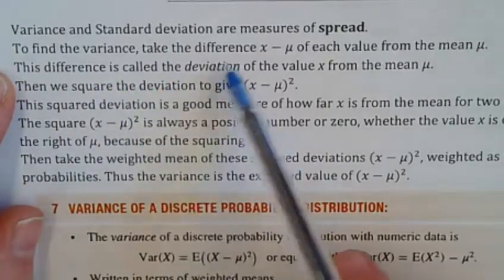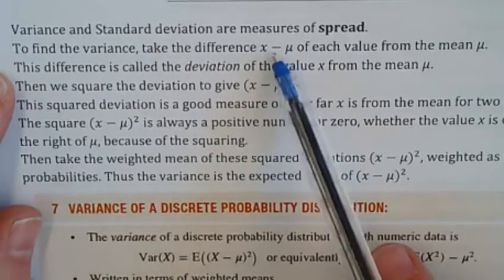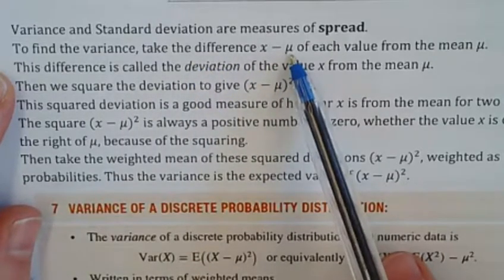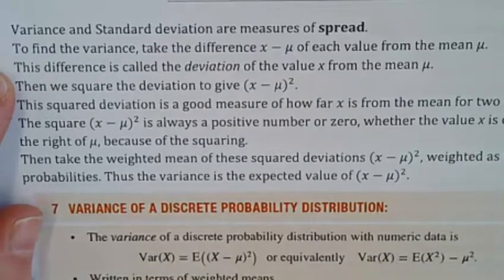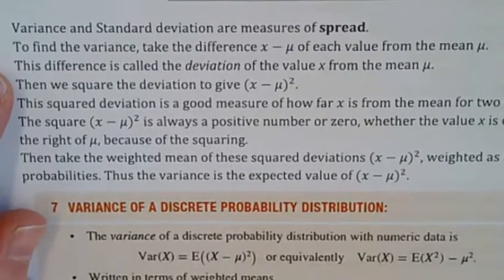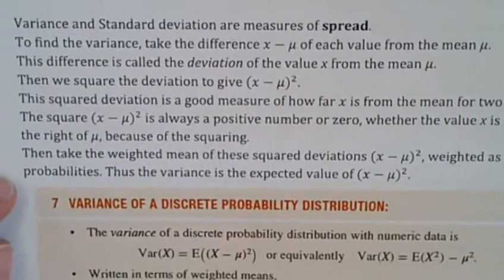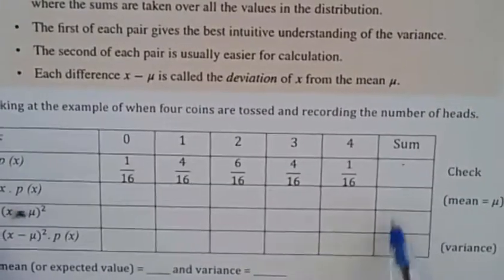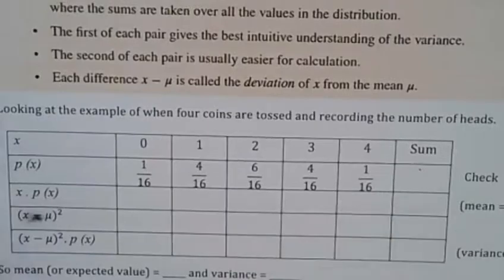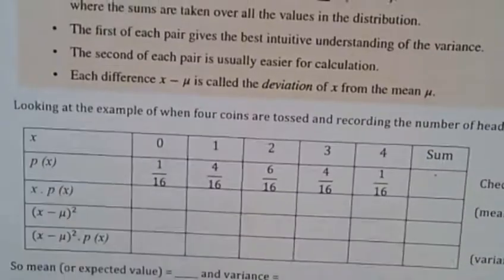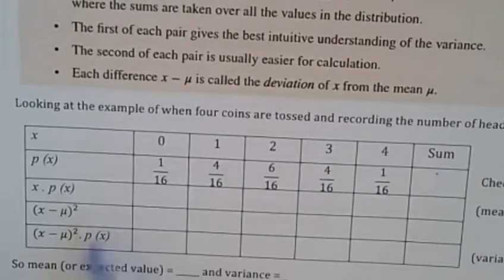So to find the variance, we just take the difference of X minus mu, of each value from the mean. Now we know that mu was our expected value. So when we work out our expected value down here in the table, mu, what we're going to be doing is X minus mu for each of those values. We'll get to it in a minute, all right?